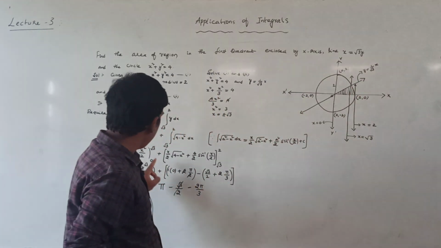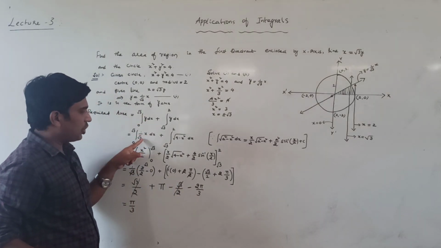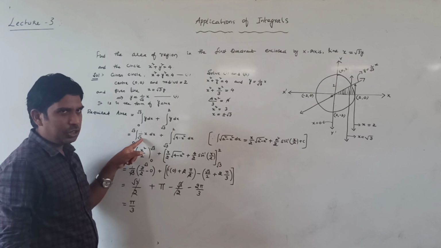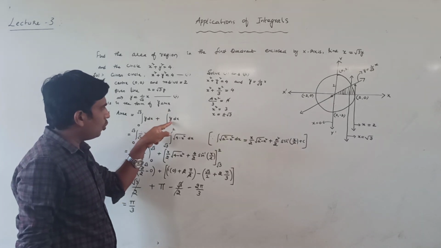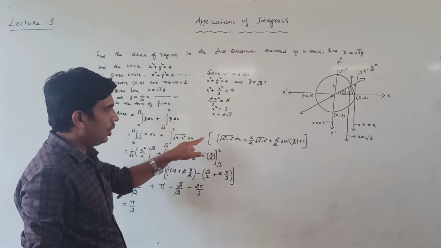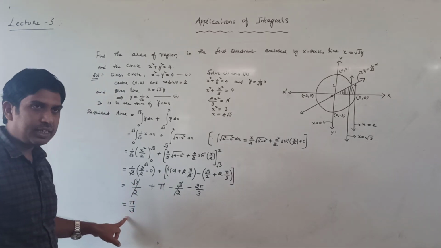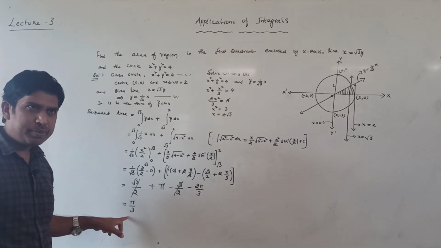From 0 to root 3, the line equation y value is 1 by root 3 into x. From root 3 to 2, from the curve equation, the y value is root 4 minus x square. Use this formula, apply limits. Finally, what answer do we get? Nothing but pi by 3.